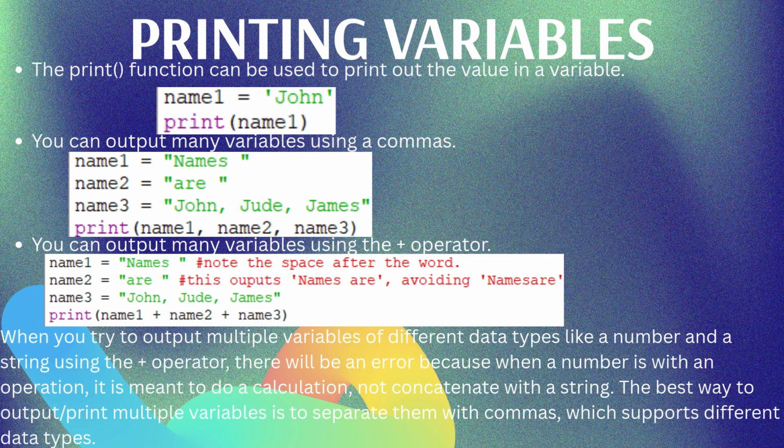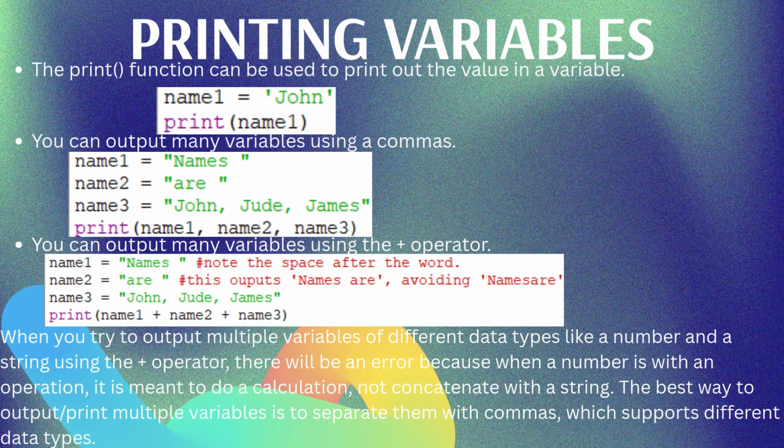When you try to output multiple variables of different data types, like a number and a string, using the addition operator, there will be an error. Because when a number is with an operation, it is meant to do a calculation, not to concatenate with a string. So the best way to output or print multiple variables is to separate them with commas, which supports different data types.